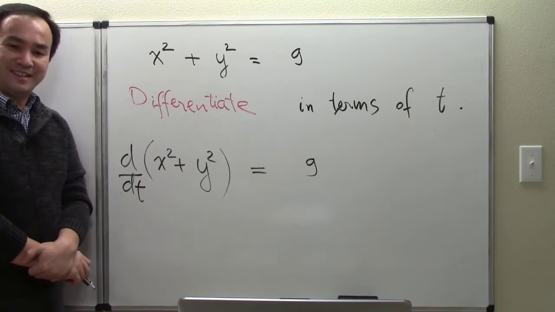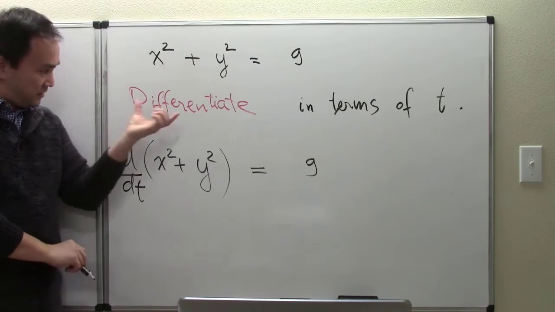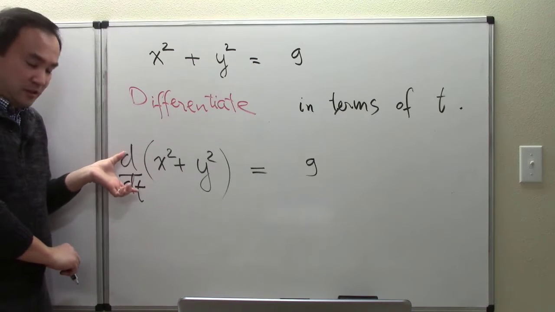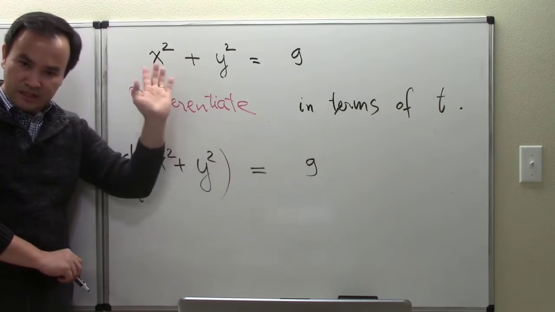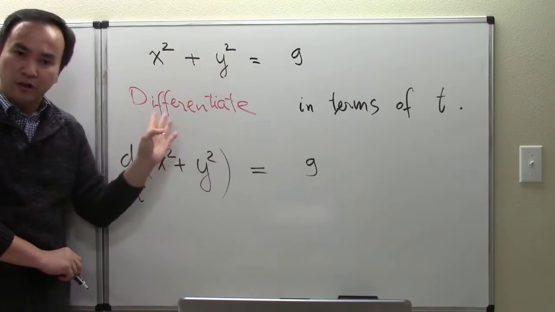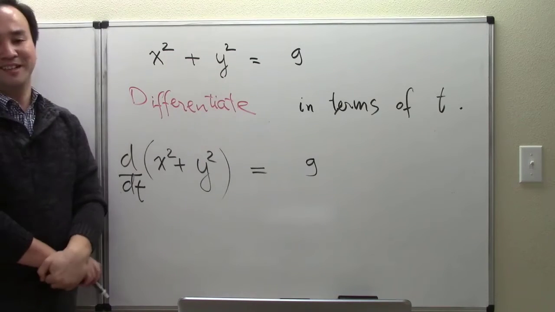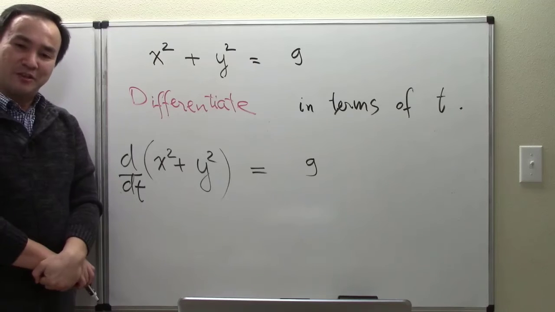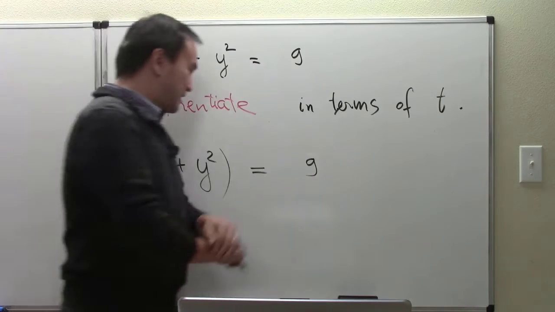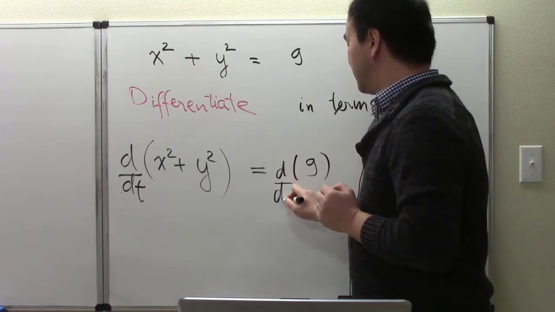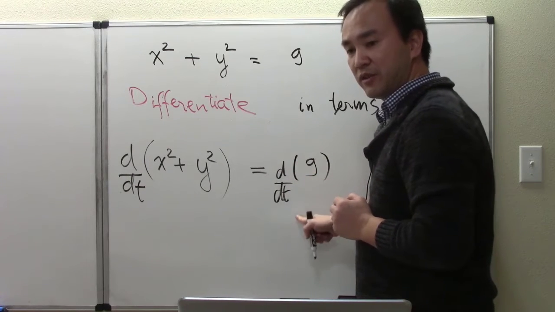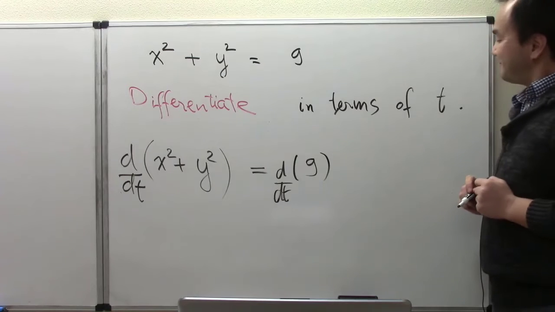We have these two terms on the left-hand side and a constant term on the right-hand side. Take the derivative of all of those terms, but in terms of t, with respect to the t variable. So I'm doing the same thing on my right-hand side: differentiate that constant term with respect to t.